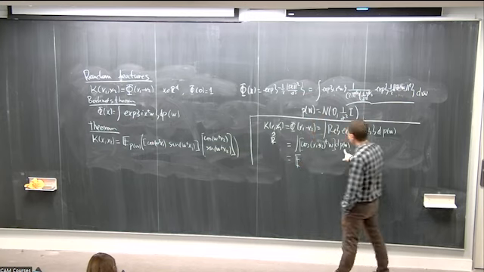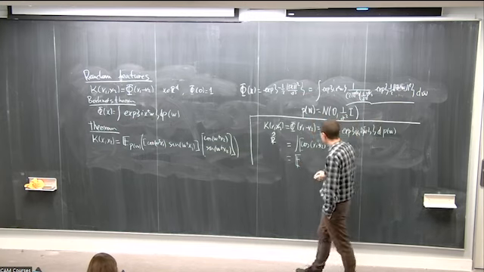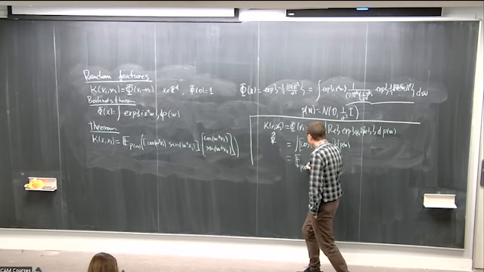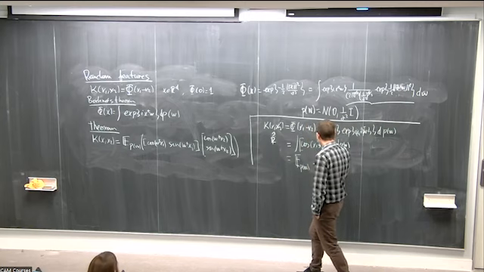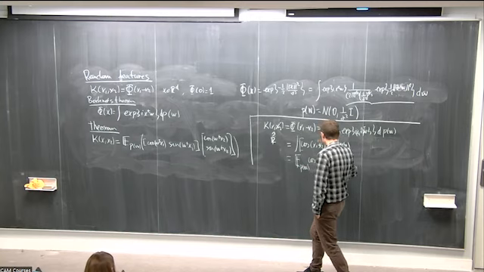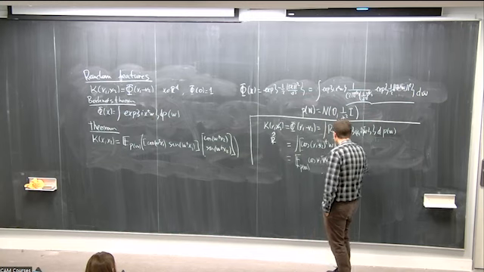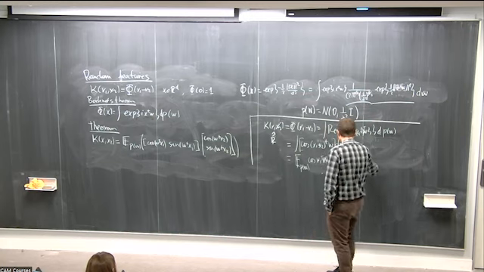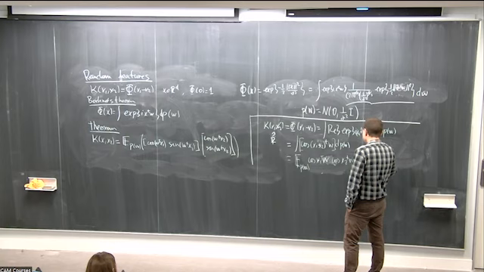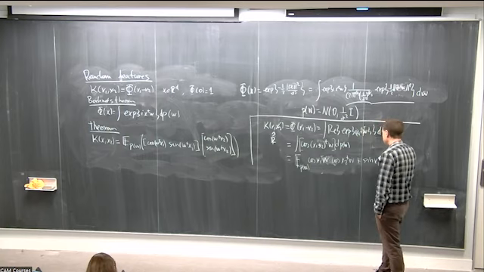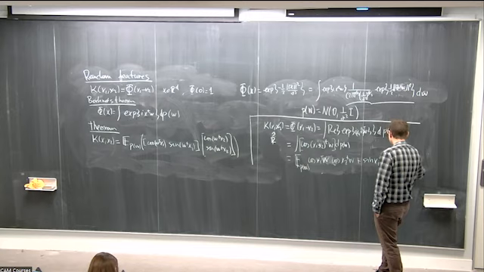So if this is a probability measure, the integral is the expectation with respect to the distribution, and then we have cosine of x1 w, cosine of x2 w, plus sine x1 w, sine x2 w.